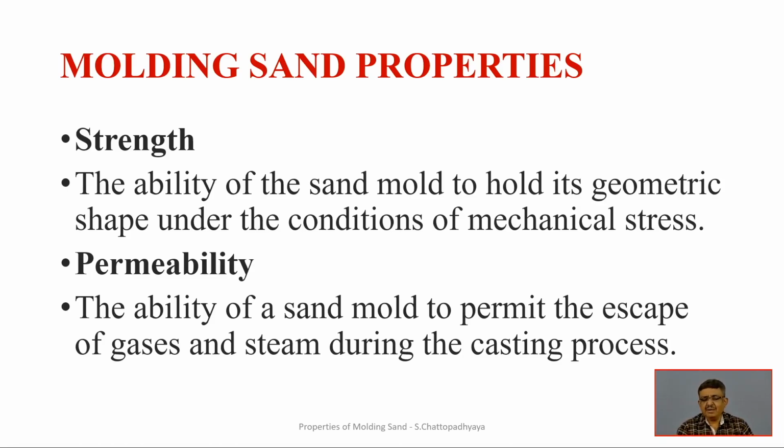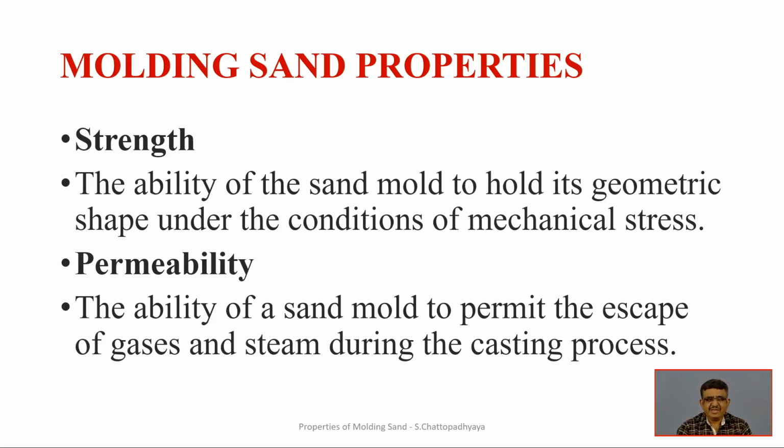And how does the steam come? Steam comes from the moisture present in the sand in different forms, because of the enormous heat of the molten metal. Say the melting point of steel may be 1535 degrees Celsius, when molten steel pours into those cavities.